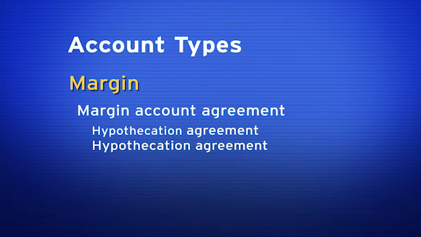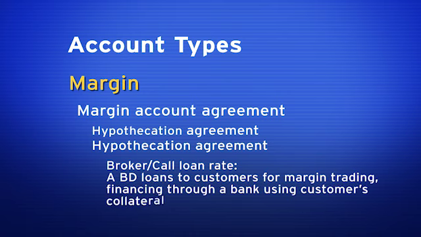If you remember, back in the early part of the exam here, we talked about different interest rates. One of the interest rates we talked about was the broker call loan rate. Remember, this was where the broker-dealer loaned money to customers as part of their margin trading. The broker-dealer would go to a bank and finance that margin debt.